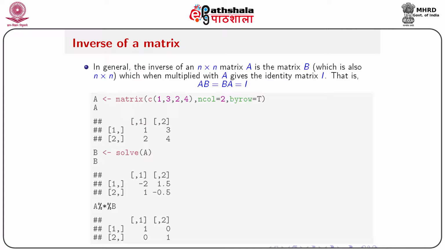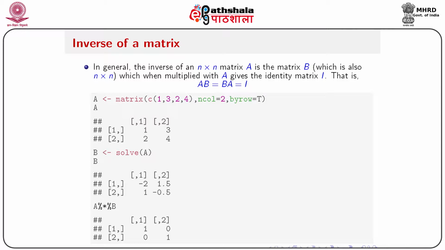Then to get the inverse of the matrix, there is a function called solve, s-o-l-v-e, all lowercase. The solve function can be used to get the inverse. Actually solve normally has 2 arguments, since it is developed basically for solving linear equations, but if you avoid the second argument, it will generate the inverse of the matrix.